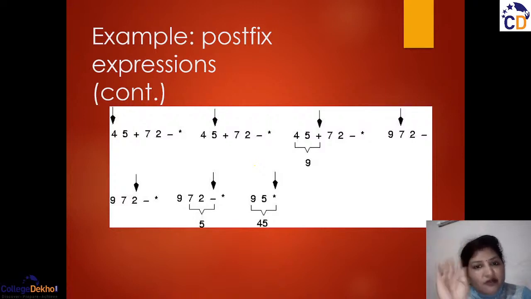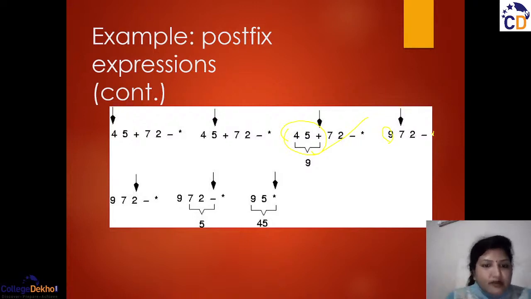Now 4 plus 5, done. Just write it down: 9 7 2 minus and multiplication. Here we have just evaluated this part, nothing else. After that 4 plus 5 is done, we are just taking it as 9, and the rest is the same: 9 7 2 minus and multiplication also, right? That is left.